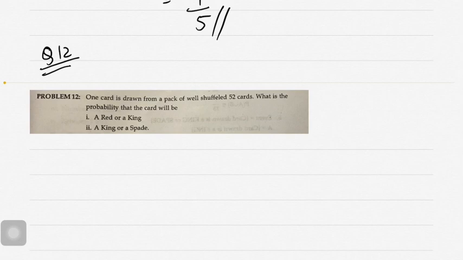What is the probability that the card will be 1. A red or a king, 2. A king or a spade? Fine. Very good question. I am sure by now you will be able to solve by yourself. Those who are able to solve, please start solving.